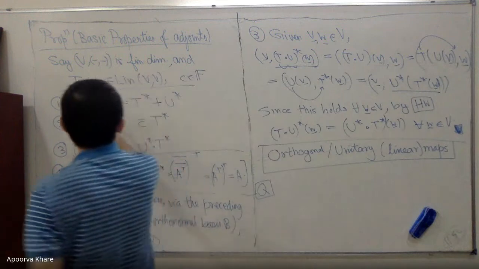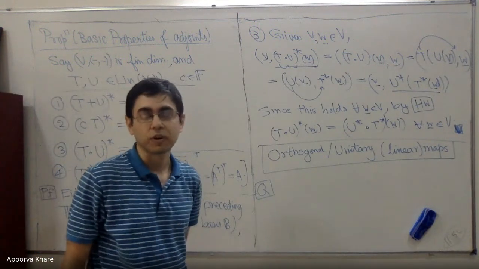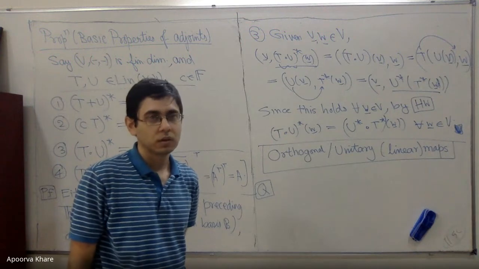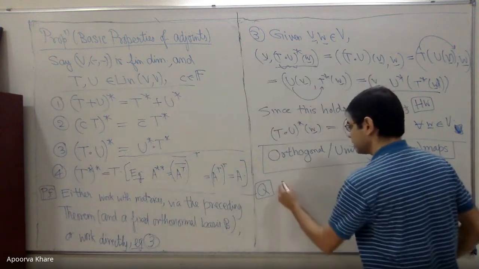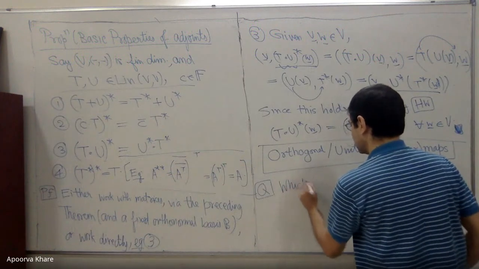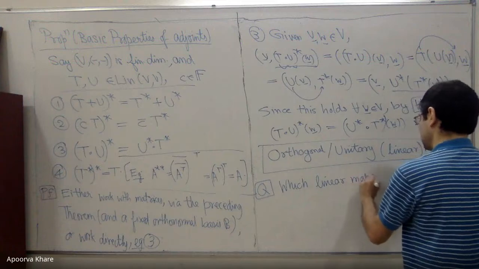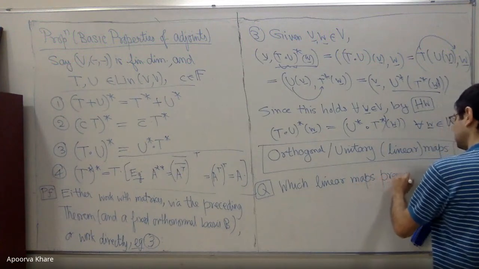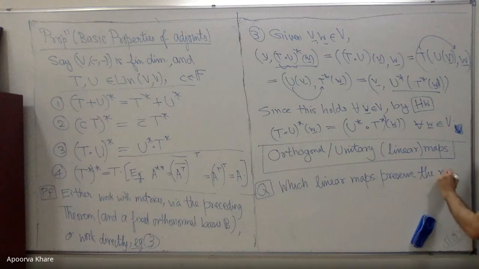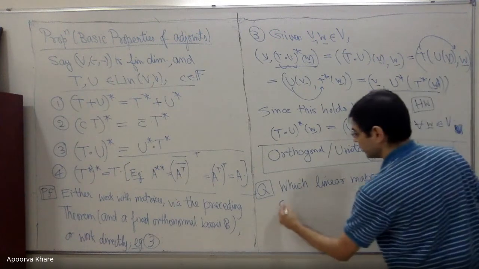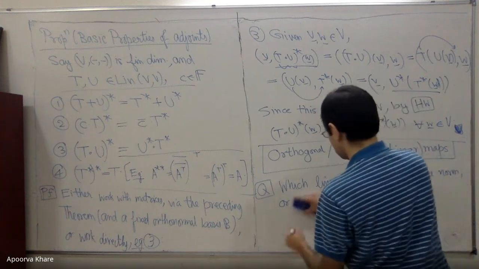Which linear maps preserve the length of every vector, or which preserve the inner product? So basically, which linear maps preserve the norm or the inner product?